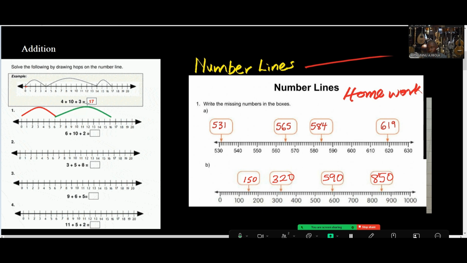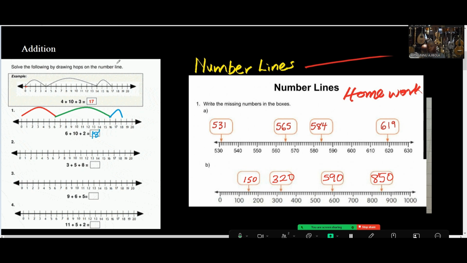So that's 10, okay? Then I'll count 2 more. So counting 2, 1, 2. It's here. So what's my final answer? 18. 18, that's correct. So here I have 18. Or I can just write it in the box. 1 and 8. It's 18.